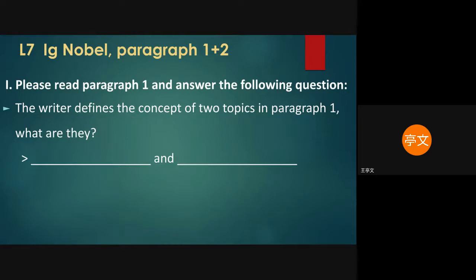Okay, so in order to create a mind map for lesson 7, first of all we have to do the reading, and then we'll do 2 comprehension questions that will give us a clue of what kind of mind map we should use.